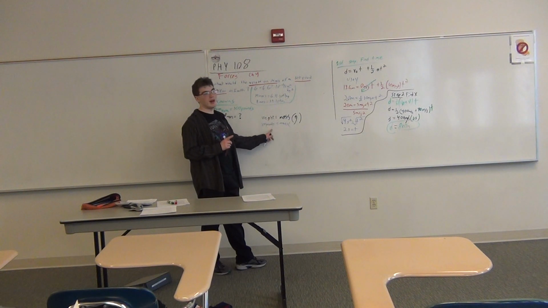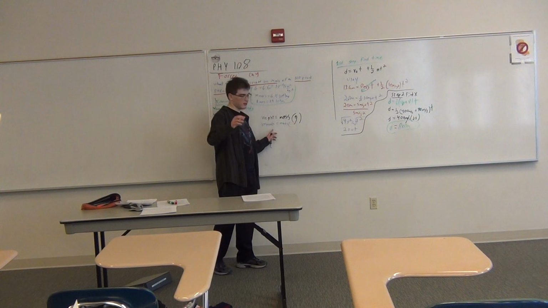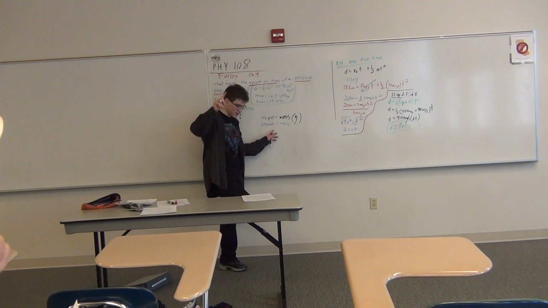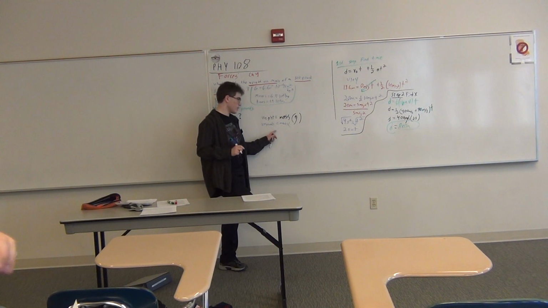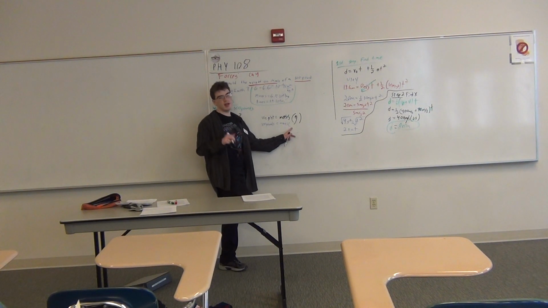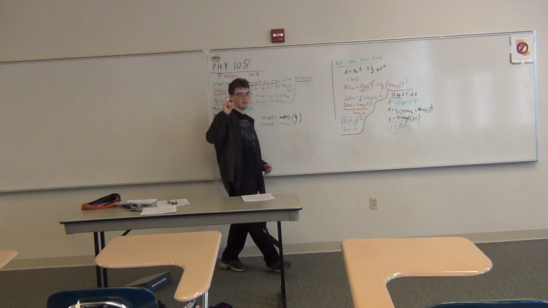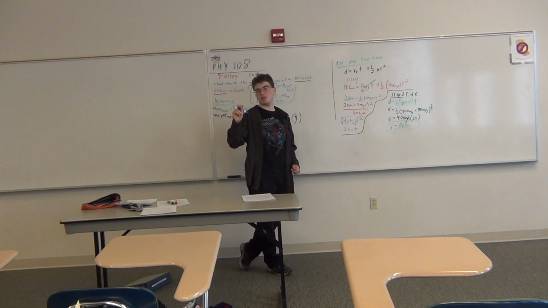Pounds is an English unit. Newtons, the metric unit, is the unit for force. This g will have to be in feet per second squared. But we don't actually need that to solve this one.